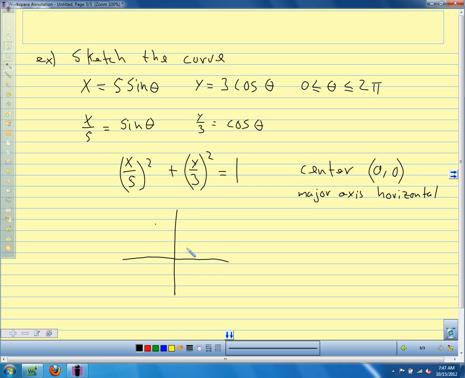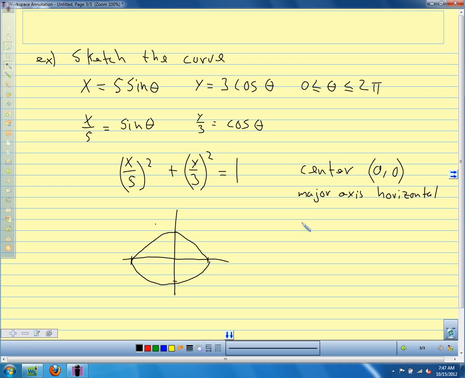It's 10, right? It's 5 from the center on each side. And my minor axis is 6. So this is going to be a sketch of my ellipse. Not a beautiful sketch, but we get the idea. There's my ellipse. Use your imagination. Make it perfect.